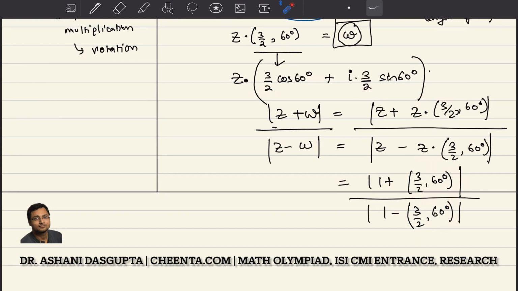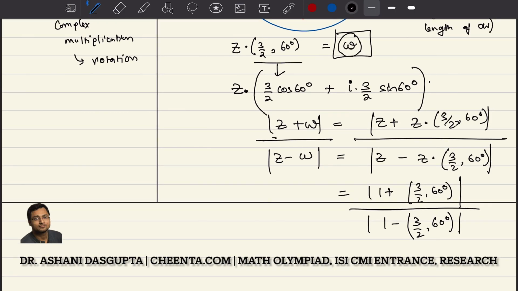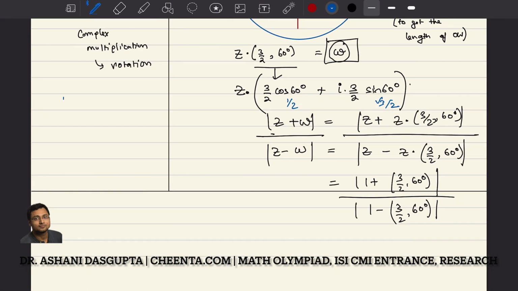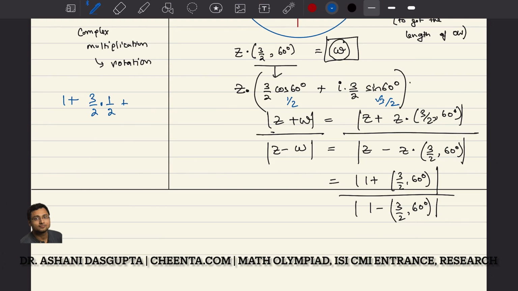So what do you get? Well, cosine of 60 degrees is 1/2 and sine of 60 degrees is root 3 by 2. So now let me do the final computation. In the numerator, you have 1 plus 3 by 2 times 1/2 plus i times 3 by 2 times root 3 by 2.